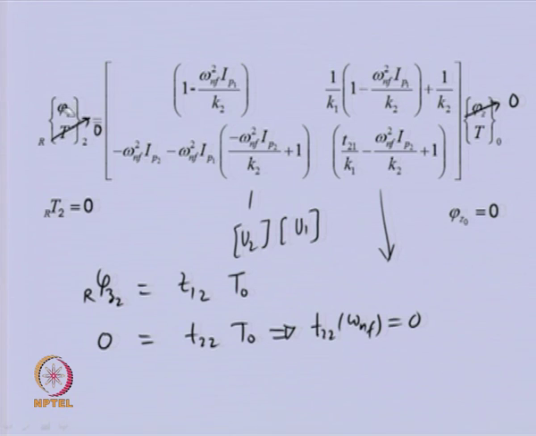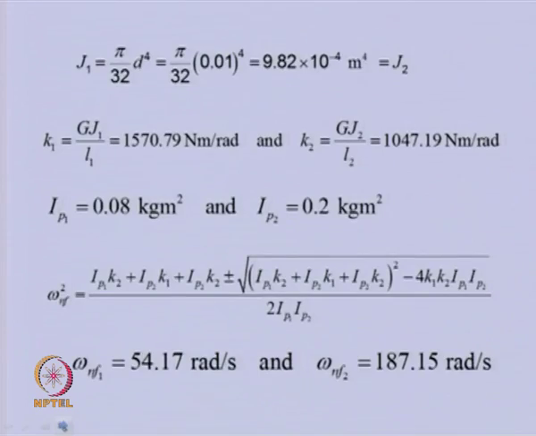That means we know all the field variables here. Once we know the field variable at one station, using various transfer matrices we can get the field variable at any other intermediate location, and that is what we are doing here.